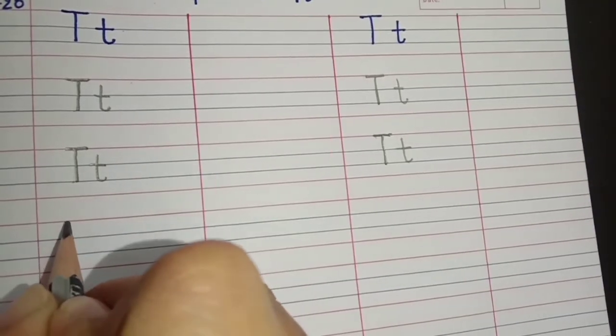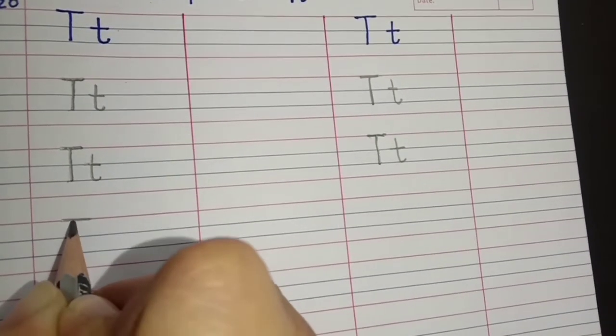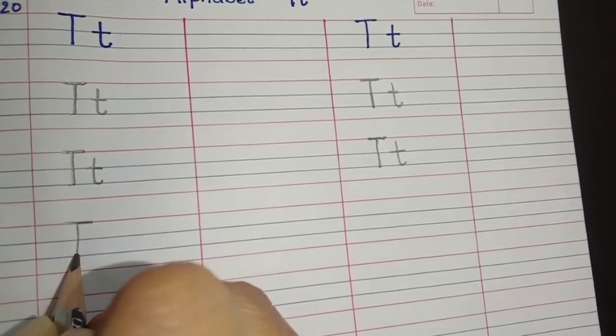For capital T, make a slipping line on the first red line, then make a standing line from the first red line till the second blue line.